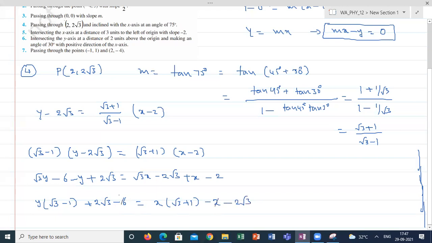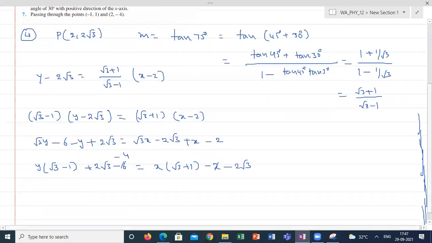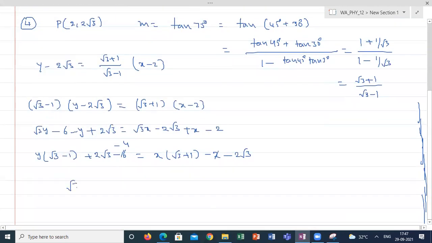This cancels, and it will become minus 4. Taking everything to one side: root 3 plus 1 into x minus y into root 3 minus 1 is equal to 4 root 3 minus 4, or 4 common, root 3 minus 1.